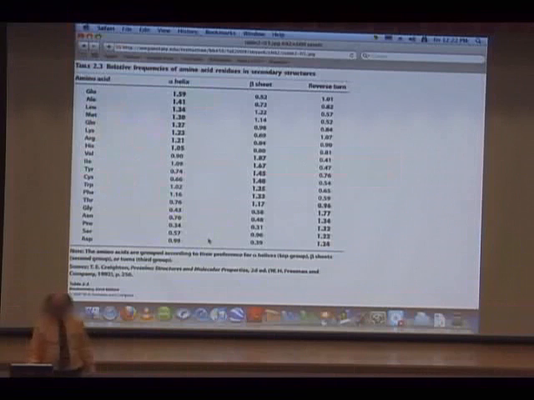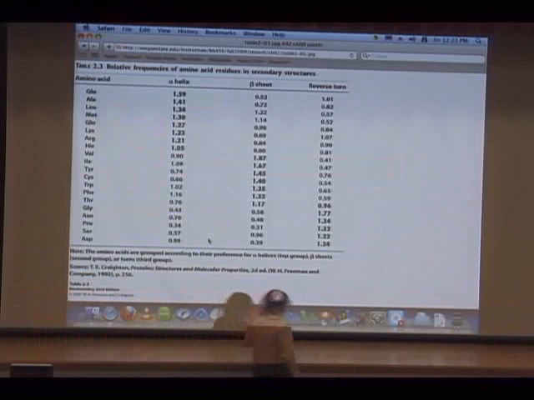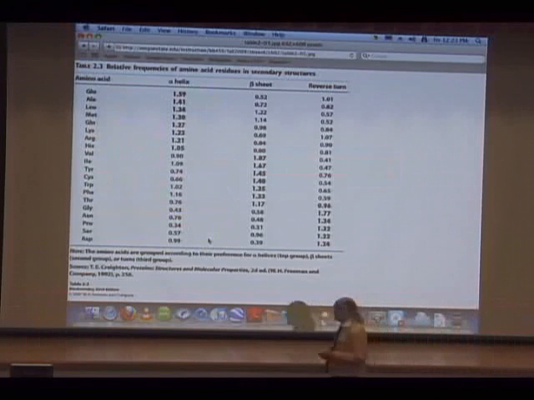Some of you had asked about amino acid sequence and secondary structure. This table shows a ranking in terms of the likelihood of different amino acids to be found in alpha helices, beta strands, reverse turns. Higher the number, more likely. But that by itself can't be taken totally by itself, because it takes a sequence of 3 of these in a row to indicate likelihood.